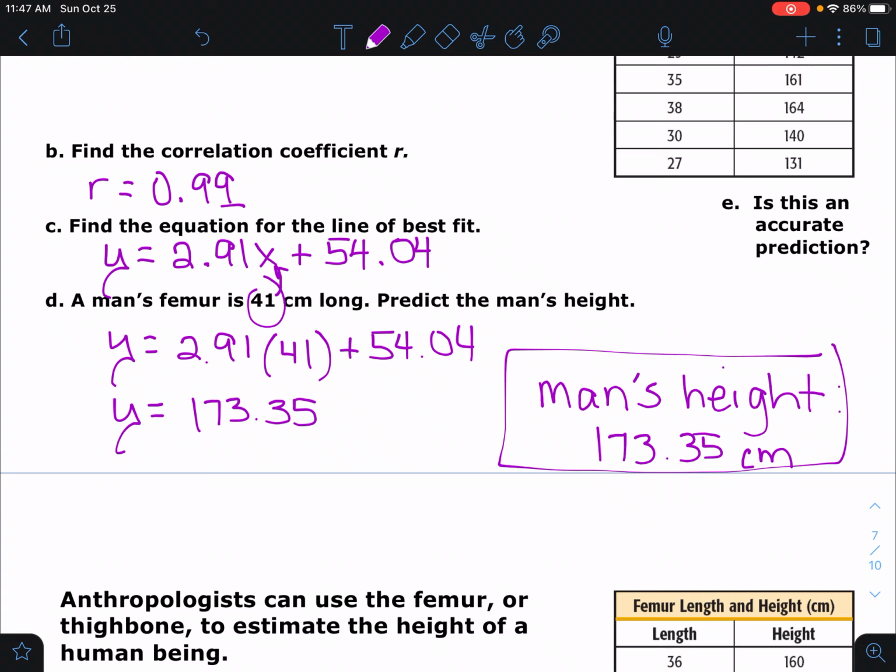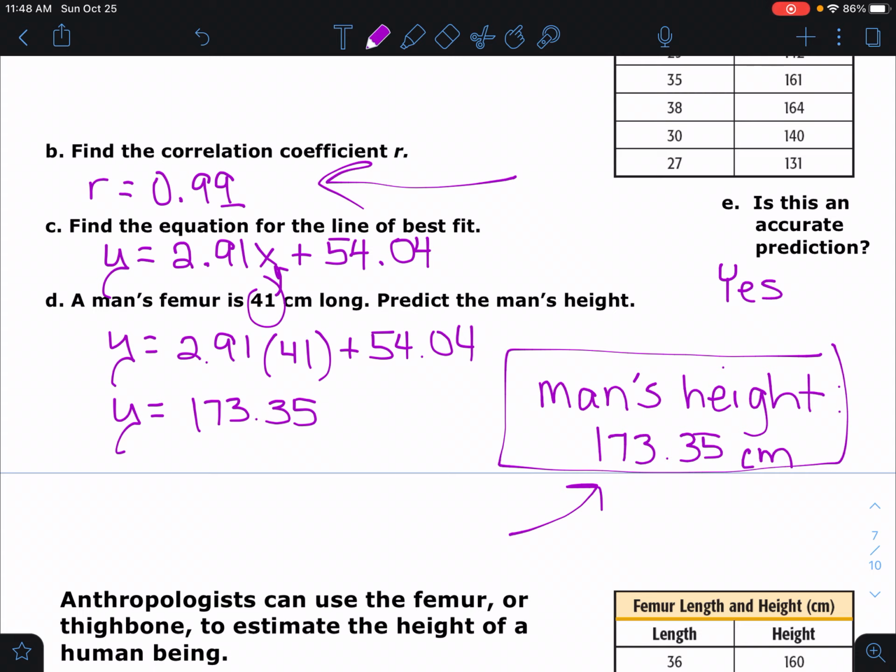And then lastly, is this an accurate prediction? First of all, your data is accurate if your correlation coefficient is above 0.75 or below negative 0.75. So is this accurate? Yes, because my correlation coefficient is very, very strong. And also, does this answer make sense? Make sure you look to see if it makes sense.